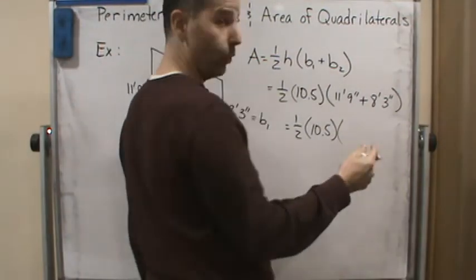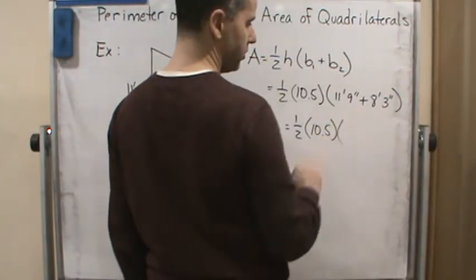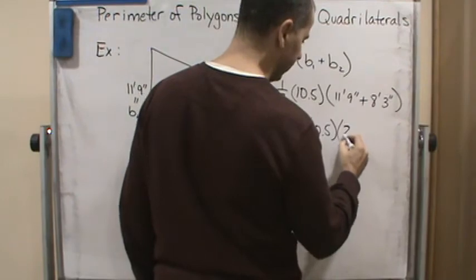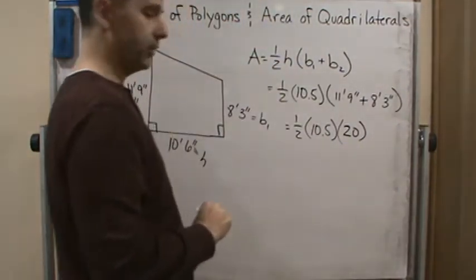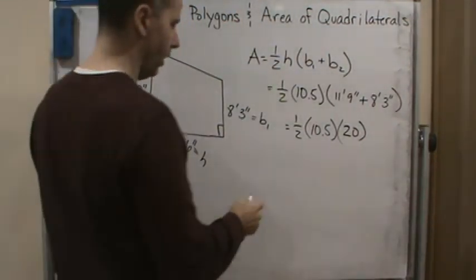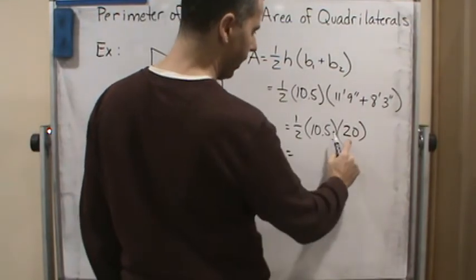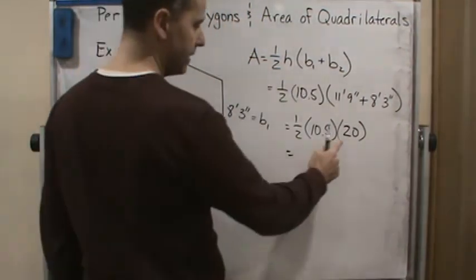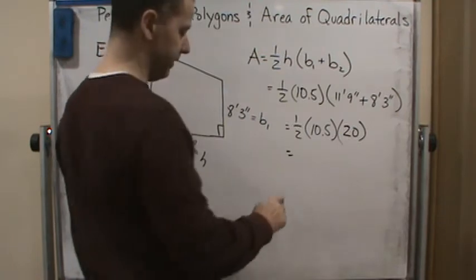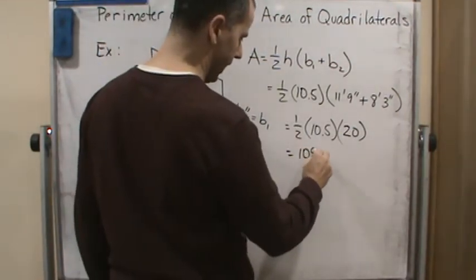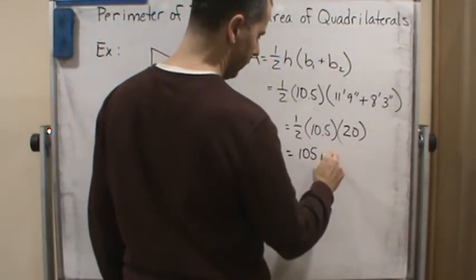So we're going to add the 1 foot to the 19, which gives us 20 feet. All right, so this makes it easy. Well, 1/2 of 20 is 10. 10 times 10.5 is 105 square feet.